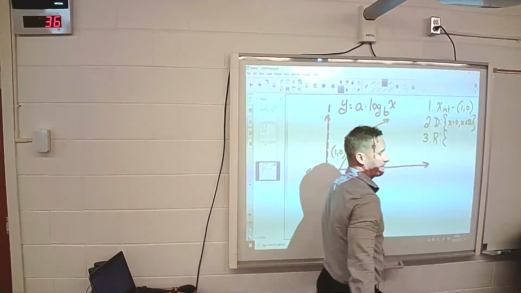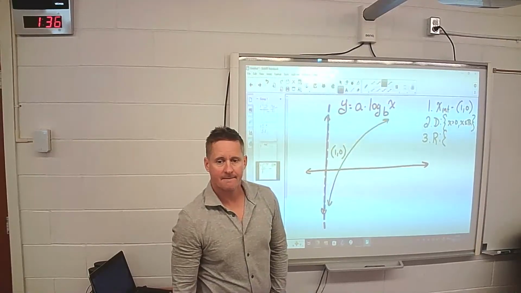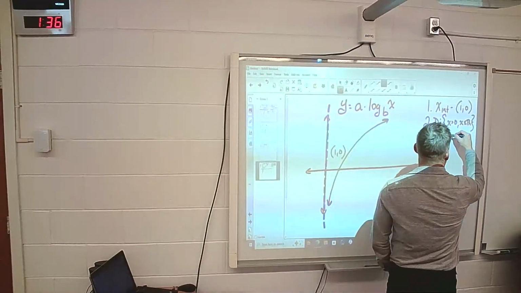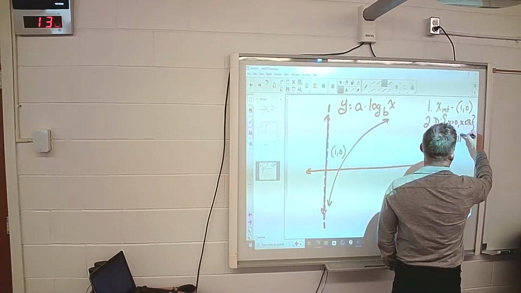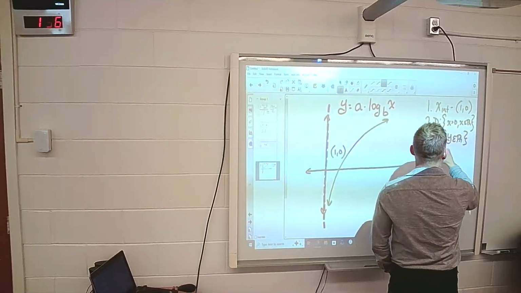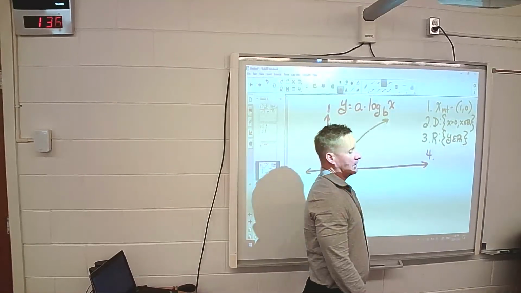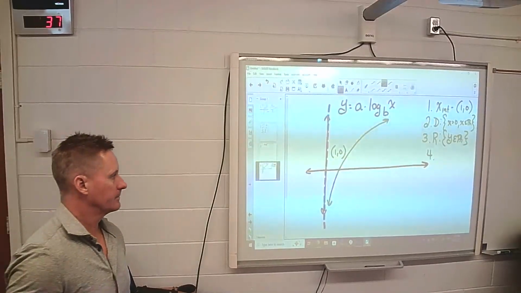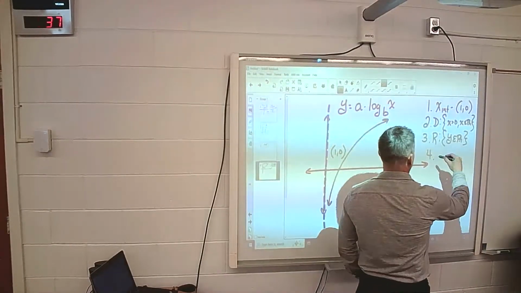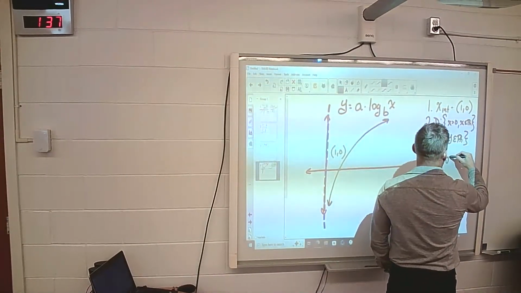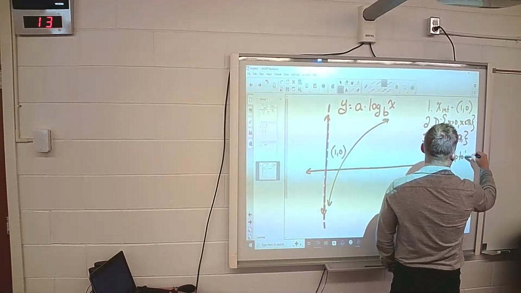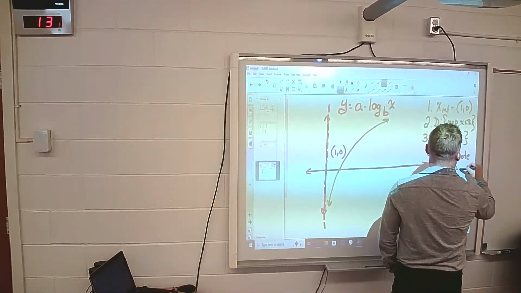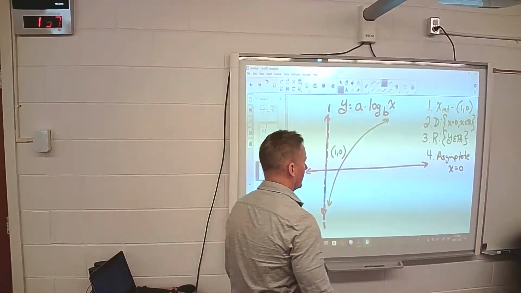Range? Equation of the asymptote. X equals 0.